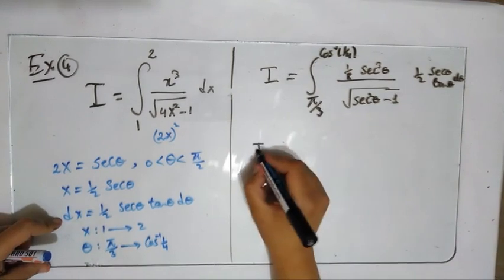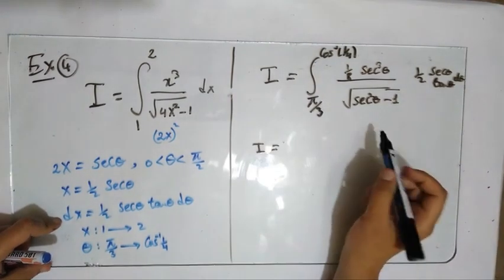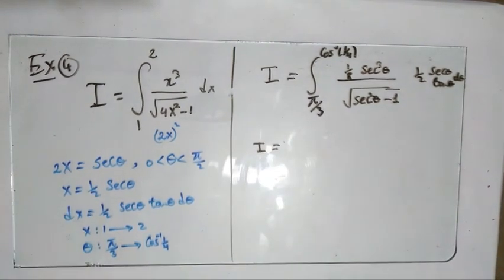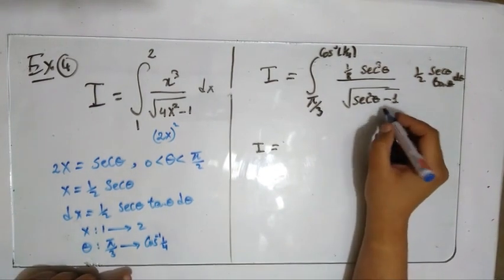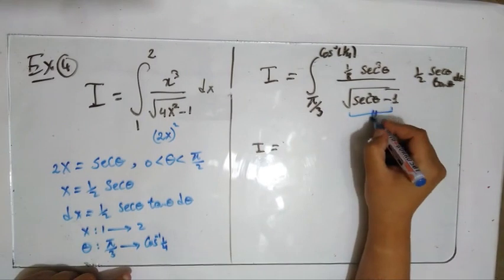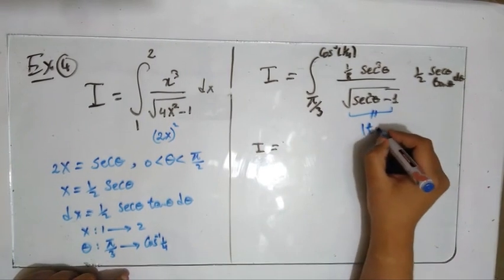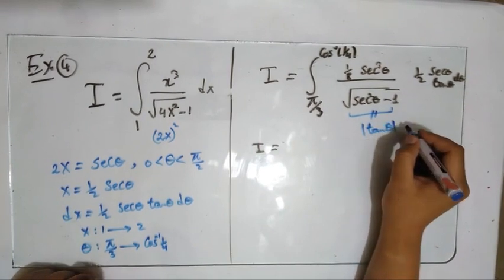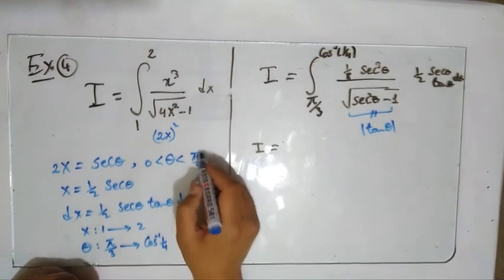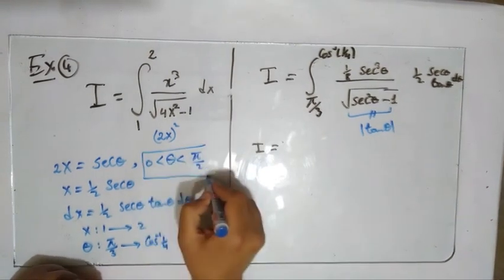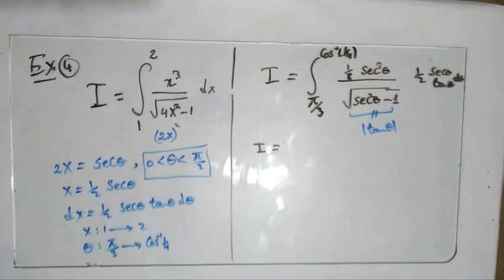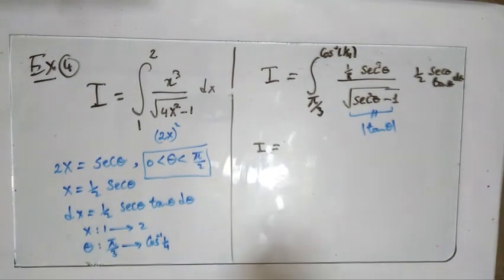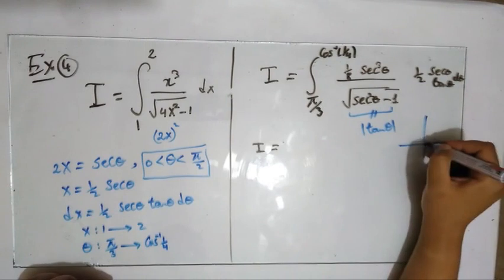Okay, so before we continue, this will be the square root of tan squared, which is the absolute value of tan theta. But since we restrict ourselves to theta from 0 to pi over 2, we know that the graph of the tan is something like that.